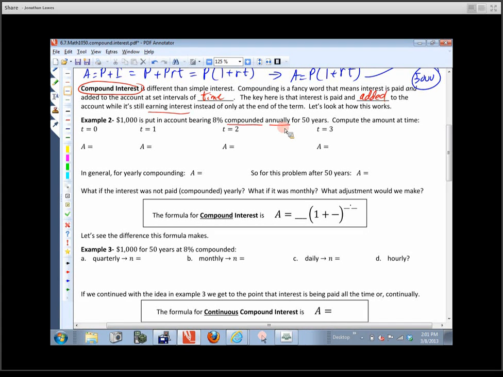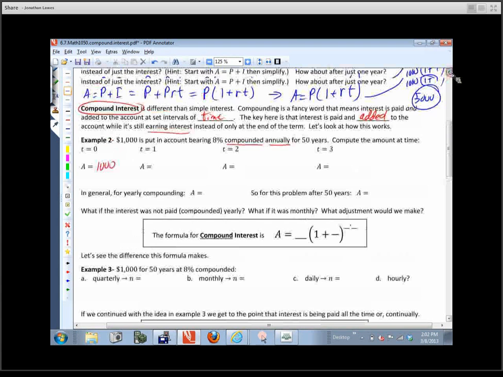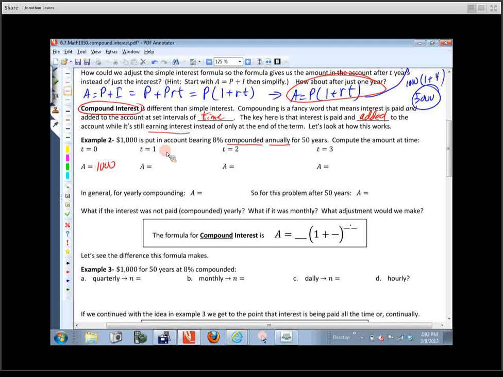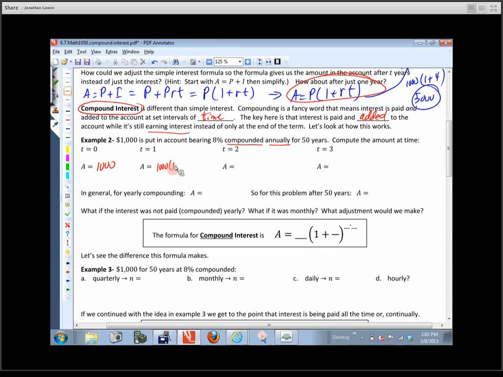So let's see what this does. If I say t equals 0, I start the stopwatch right when I put the money in the account. How much was in there at the very beginning? $1,000. We've only got $1,000. Okay? Now, after 1 year, let's use this formula that we came up with right here. So the amount is going to be equal to, we put $1,000 in, and then it's 1 plus, what's the interest rate? 0.08, and what's the time?